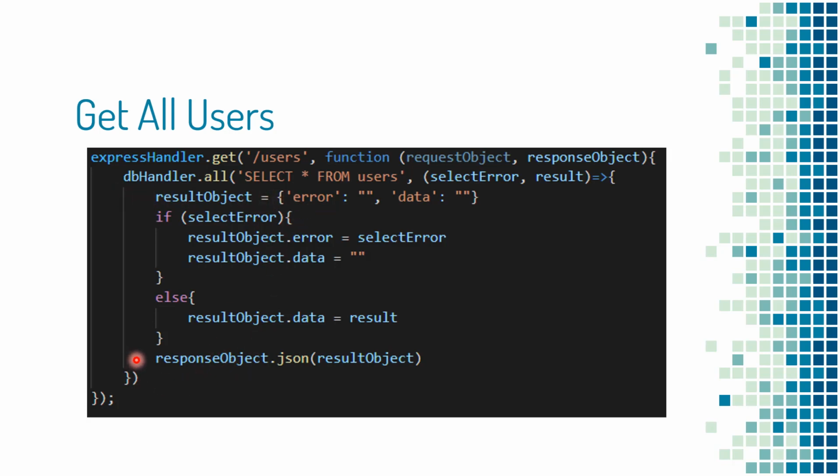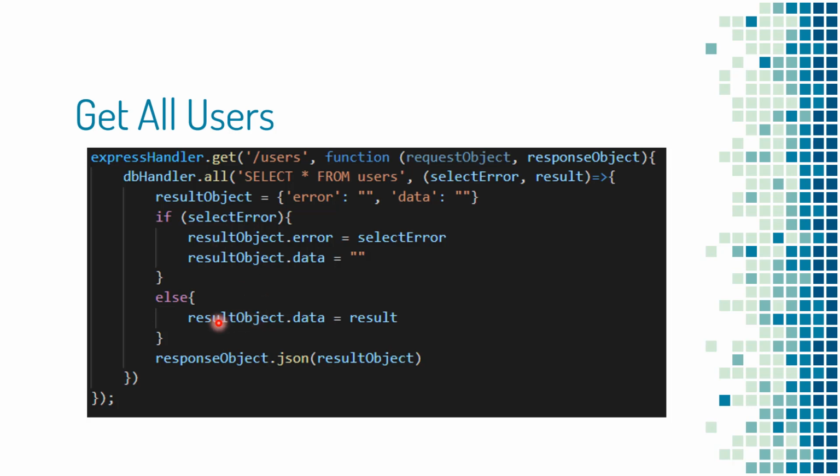And if we have any error, then I will pass the error or assign it here. And since there is an error, there's no data. That's why I create an empty string here. This is what's going to be returned if there's an error.